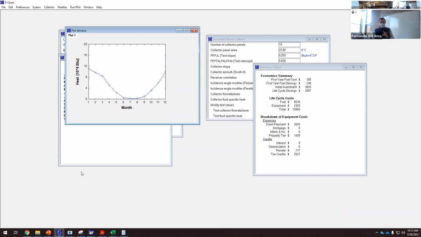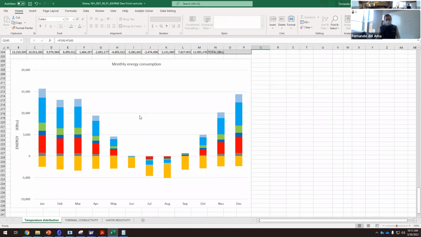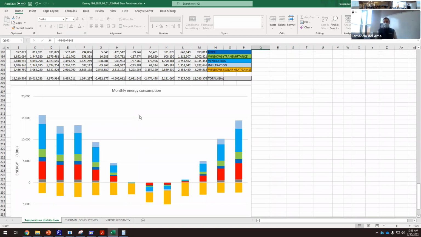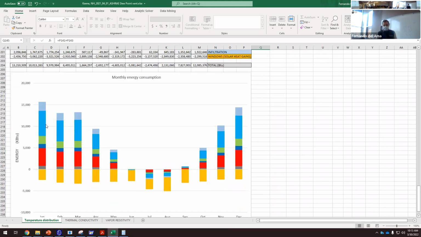Let's compare this to the heating load here. As you can see, we have the same profile, okay? But here we go up to 15.